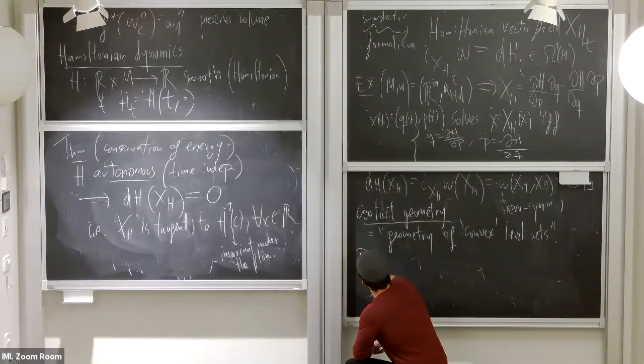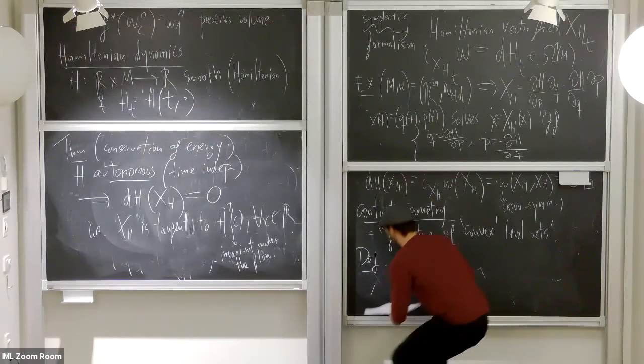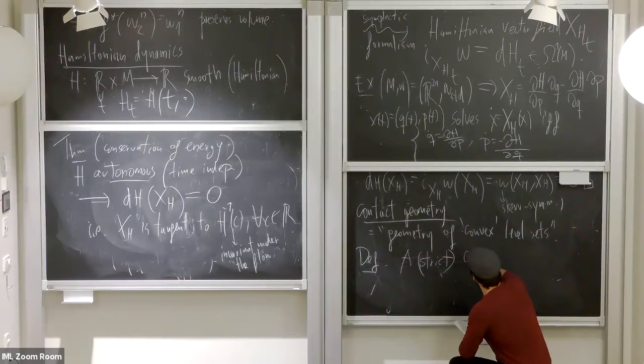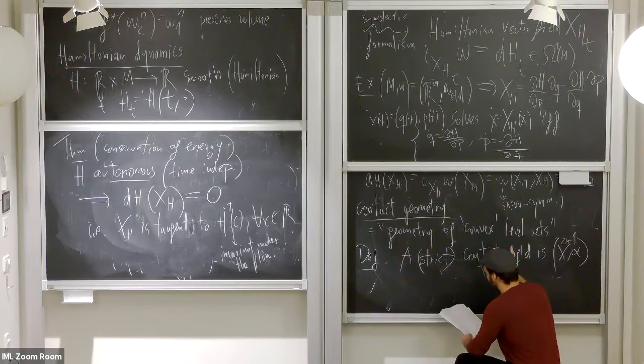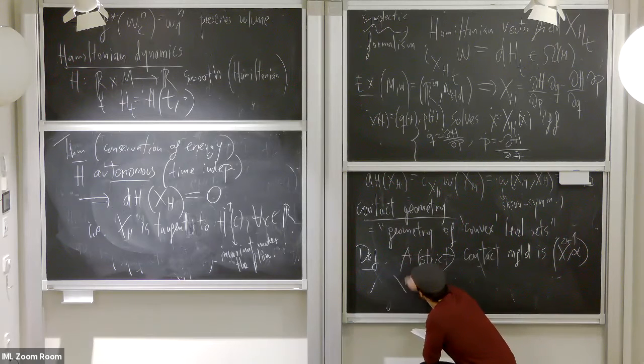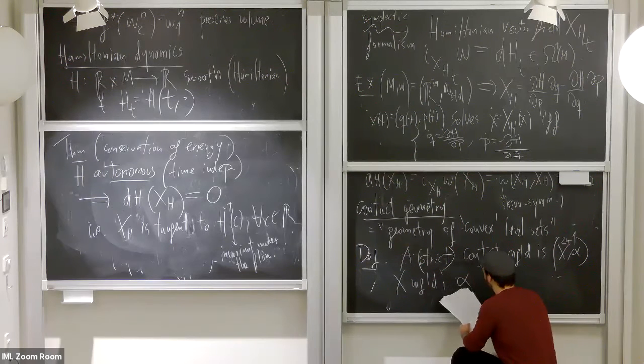It means the following. Definition. A strict contact manifold is a pair (X, alpha), where X is (2n-1)-dimensional, so it's odd dimensional. And here alpha is a one-form on X, which is called a contact form.